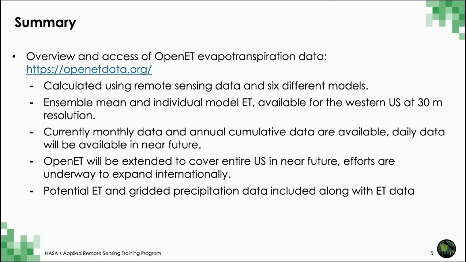Currently, the data are available on a monthly basis and annual cumulative data are also available. They are producing daily data, which will be available in the near future, as we heard from Forrest Melton in week 1. OpenET will be extended to cover the entire US in the near future as well, and there are efforts underway to expand this data internationally. As we will see, potential ET and gridded precipitation data are also included along with ET data on the OpenET portal.